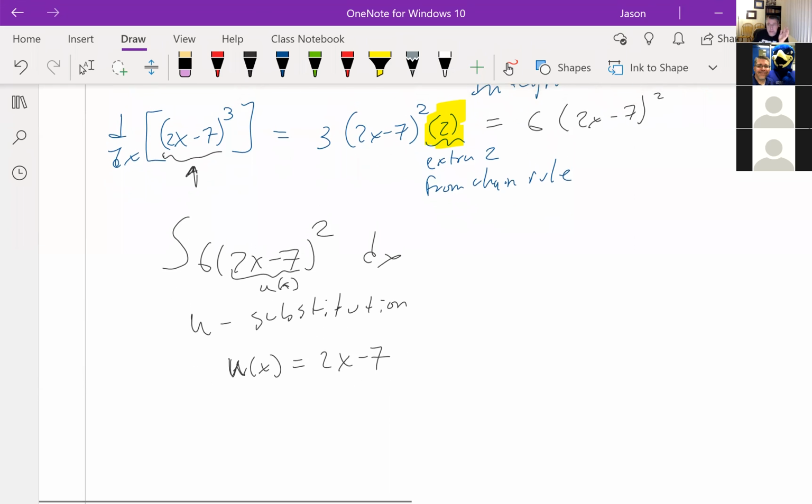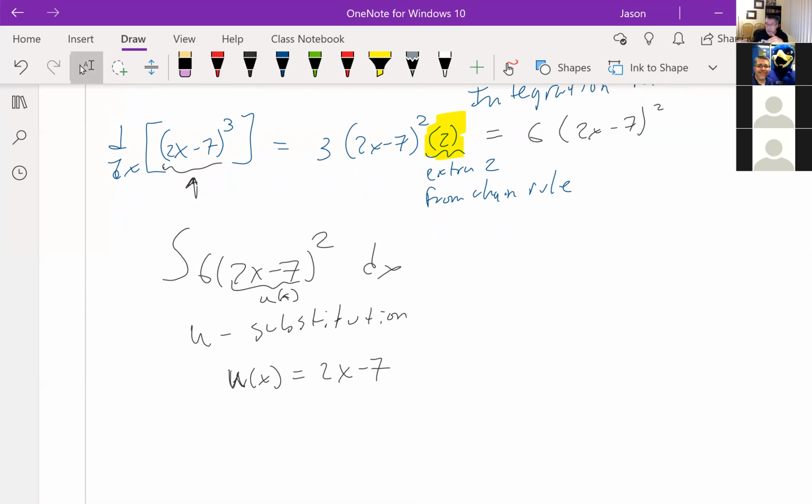Now I'm going to take the derivative of this to see what would pop out if I had taken the derivative. What would be the product of doing the chain rule on this inside function? Well, u prime of x is equal to 2, so du is 2 dx.